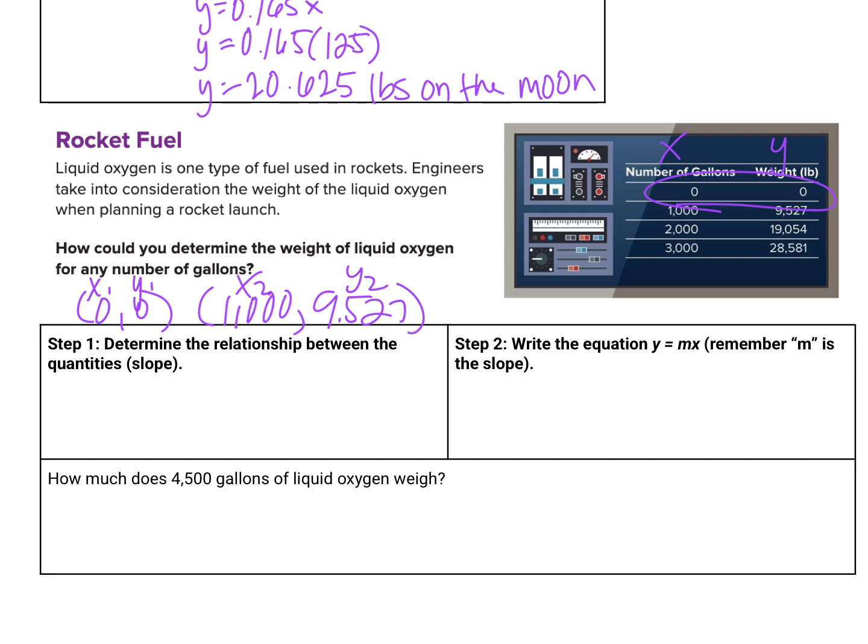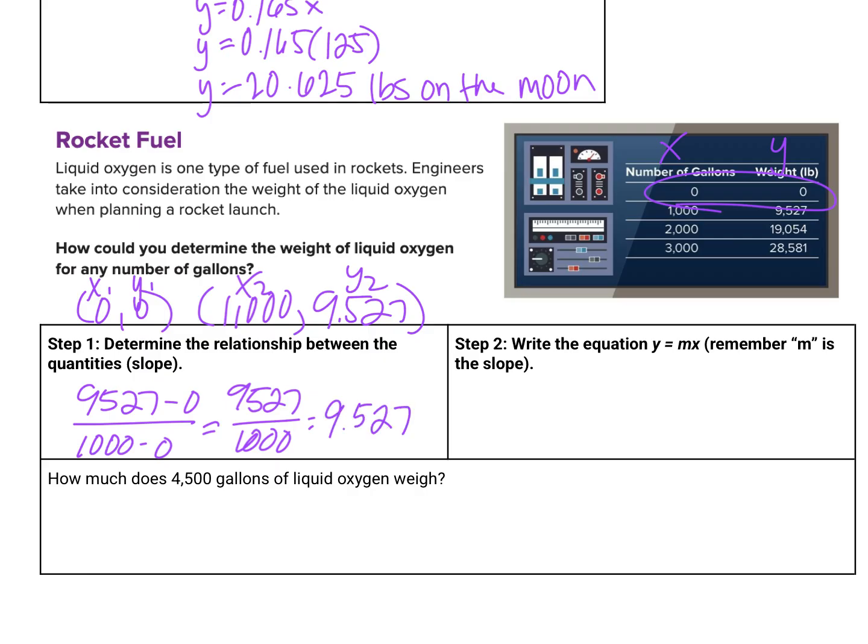Remember it is y2, so we're going to start with 9,527 minus our y1, which is just 0, over x2, which is 1,000, minus our x1, which is 0. Anytime I take a number and I subtract 0, it's not changing at all. So we have 9,527 over 1,000. Let's turn that into a decimal by dividing them. When I divide, I should get 9.527. So this right here is our slope.